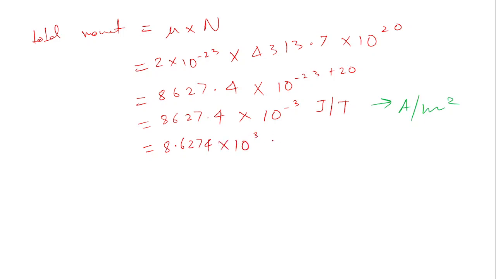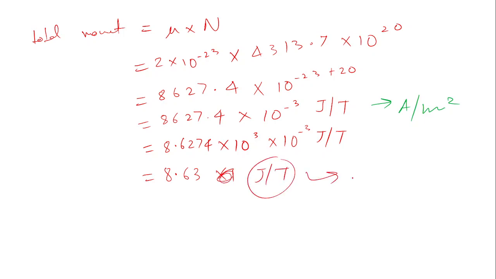And I already have 10 to the power minus 3 joule per Tesla. That means if I round off, this will be 8.63 times 10 to the power 0, meaning 1, joule per Tesla, and this is also equivalent to ampere meter square, the another unit of magnetic moment, right?